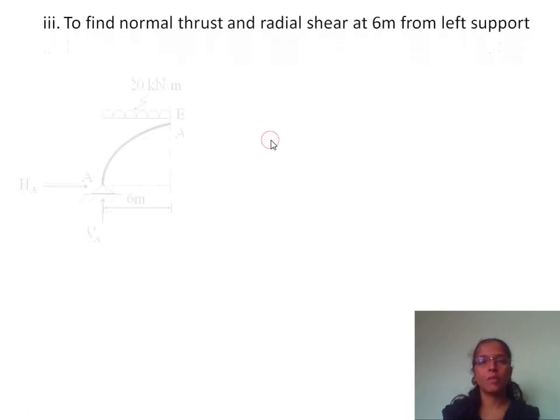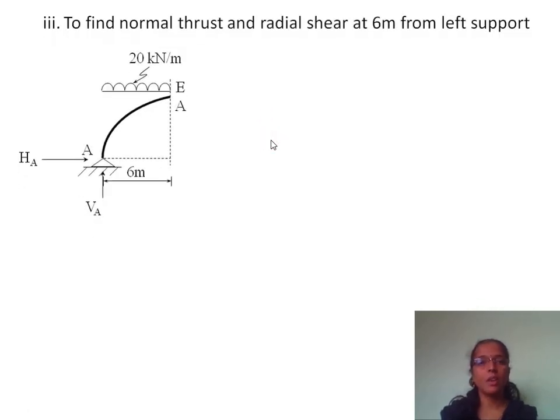Next, the third part is to find the normal thrust and radial shear at 6 meter from the left support. Let us consider the section up to 6 meter from the left support with all the forces and reactions.